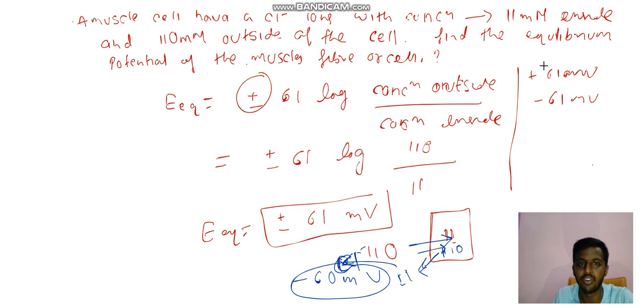I told you before, in this whole membrane potential chapter we have to see everything with respect to the membrane. Inside the cell, we have to see all the charges, positive and negative. Why do we have to see inside the cell? Let's say one cell is there and it is covered with the membrane.